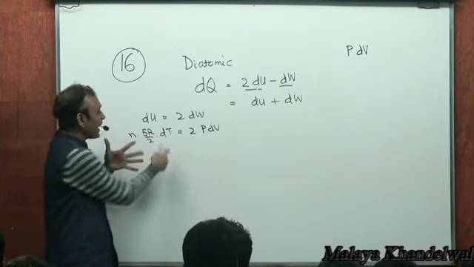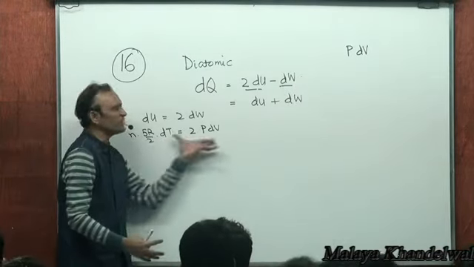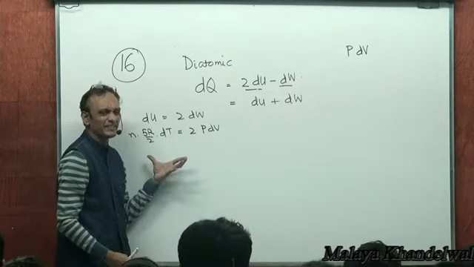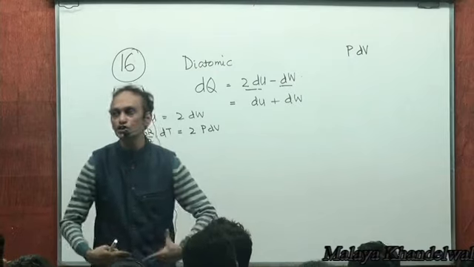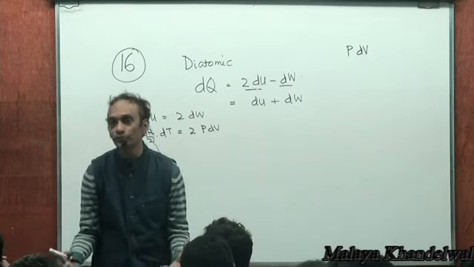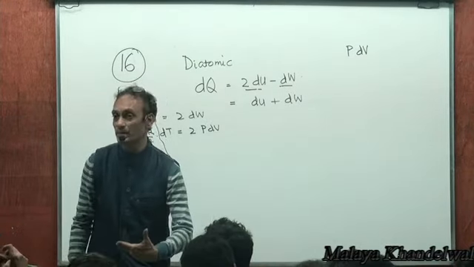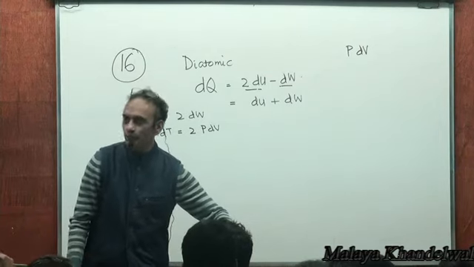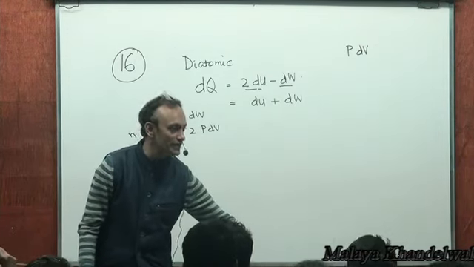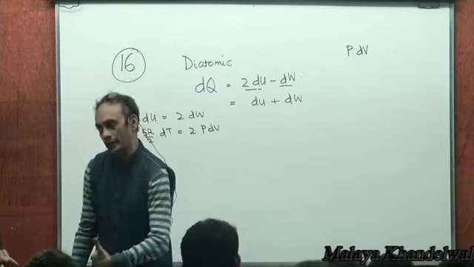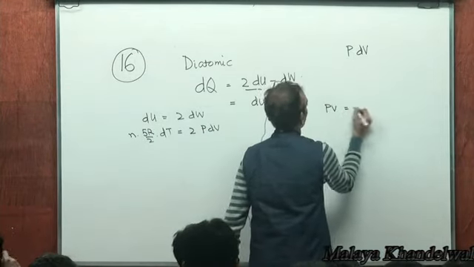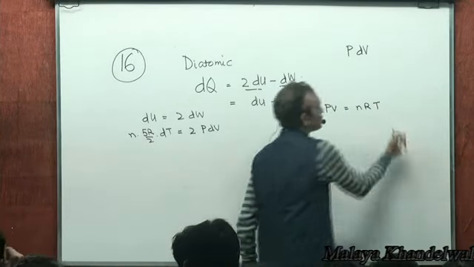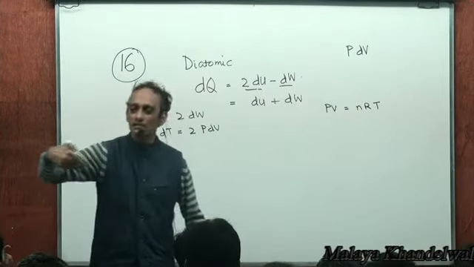Now, what we want to do, we have a heterogeneous bunch of entities here, pressure, volume, temperature, everything coming in. What we are seeking to do is just connect pressure and volume. Let's dispense with temperature. And this is where we take recourse to the ideal gas equation, PV equal to nRT, right? That's where you'll realize how n gets eliminated.